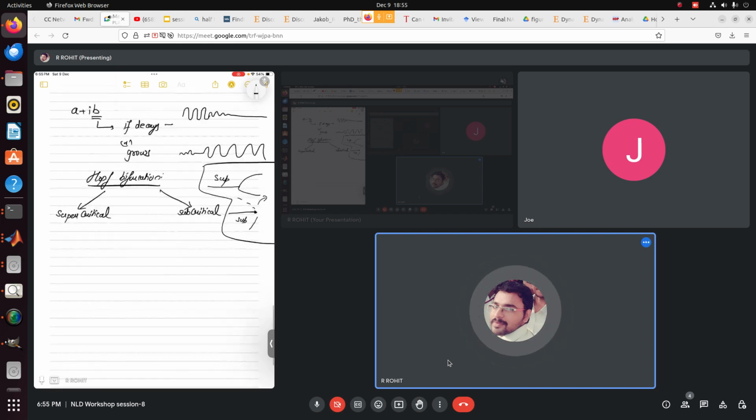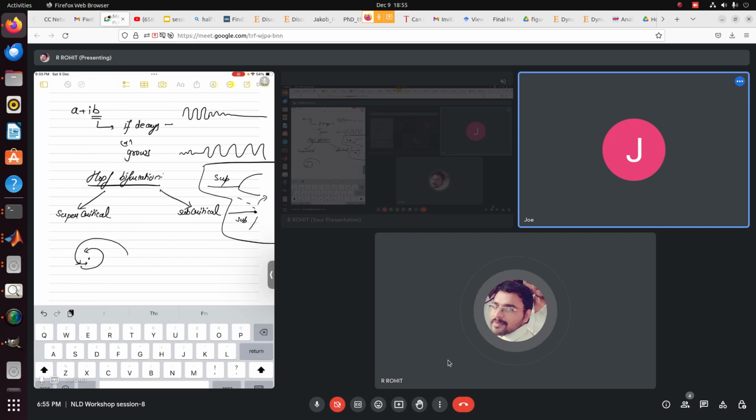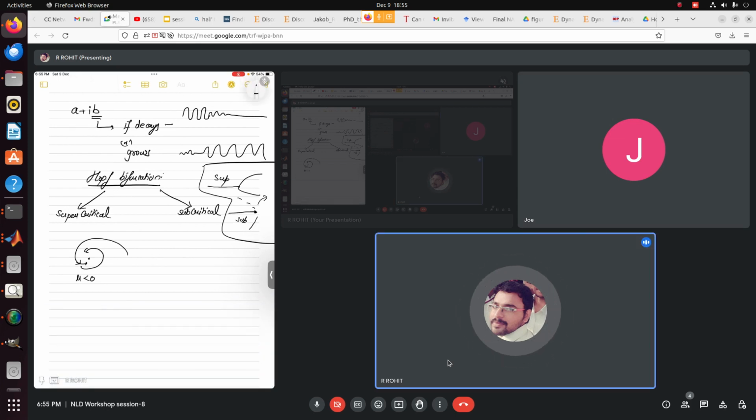Now in Hopf bifurcation also, since you are now dealing with complex eigenvalues, in a supercritical Hopf bifurcation you have a fixed point and trajectories that eventually come to this fixed point. If you start from anywhere, it will come to this fixed point eventually. And when you change your parameters, this was the condition when mu is less than 0, and when mu is greater than 0, your system will eventually move out to a limit cycle.